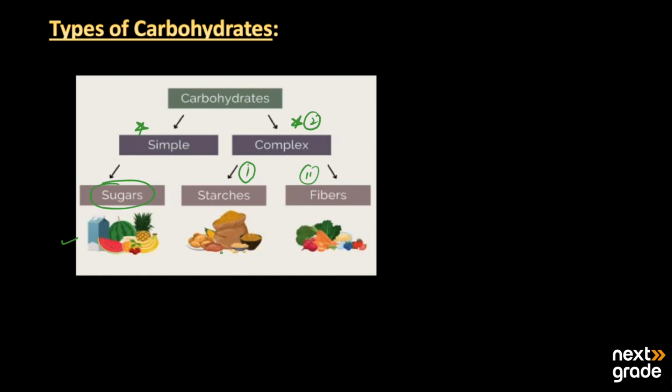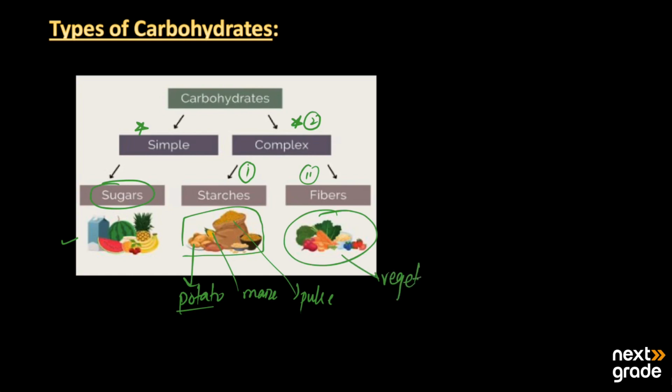Here, you can see that all these are the sources of starch: the potato, the maize, and the simple pulses. On the other hand, we have fibers. The fibers are present in different vegetables, like green vegetables, the carrot, and the tomato. These contain the fibers in them. So these are the simple types of the carbohydrates.